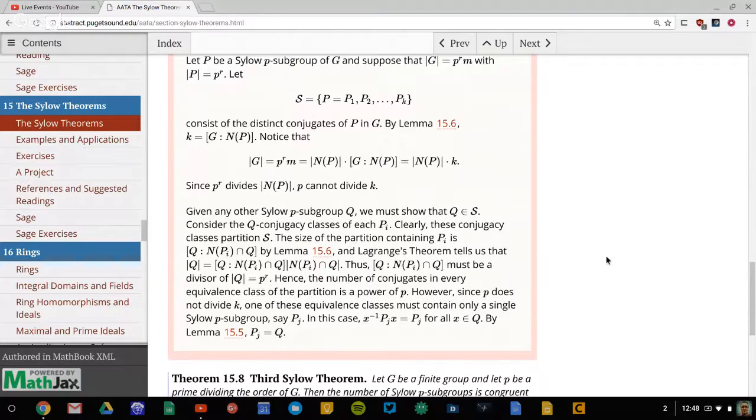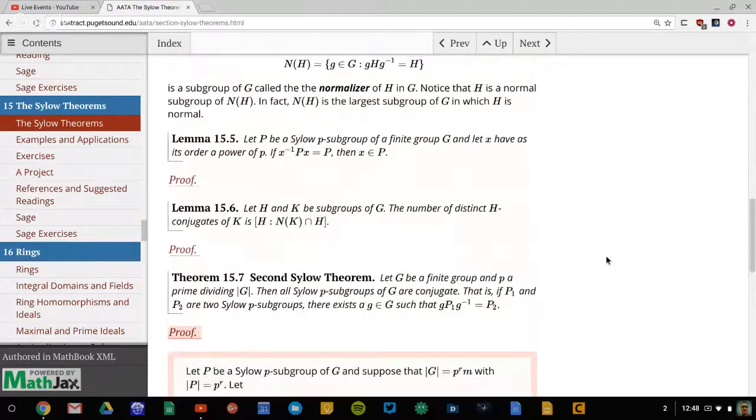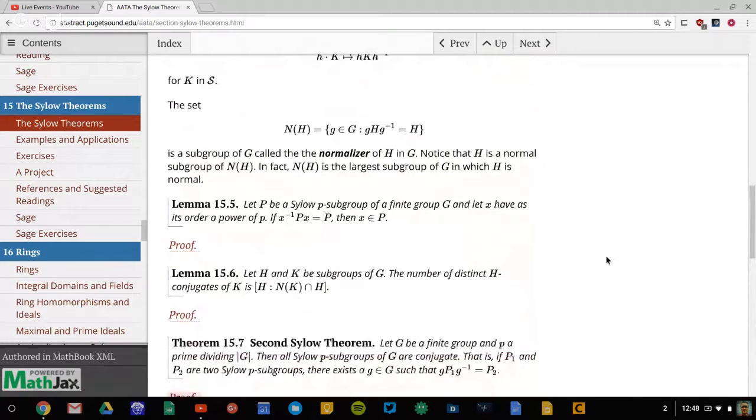Because Q is a Sylow P subgroup, every element of it has order a power of P. And that's exactly the conditions for Lemma 15.5: we have an element X of order a power of P, which when you conjugate the Sylow P subgroup by X, the Sylow P subgroup is fixed. That can only happen when the element X is in the group P_j itself. Okay, that's the conclusion of Lemma 15.5.